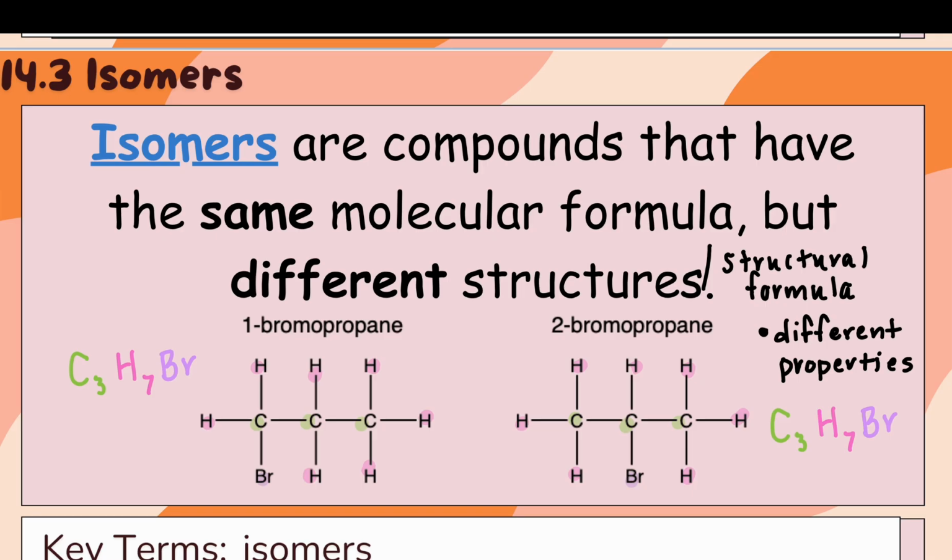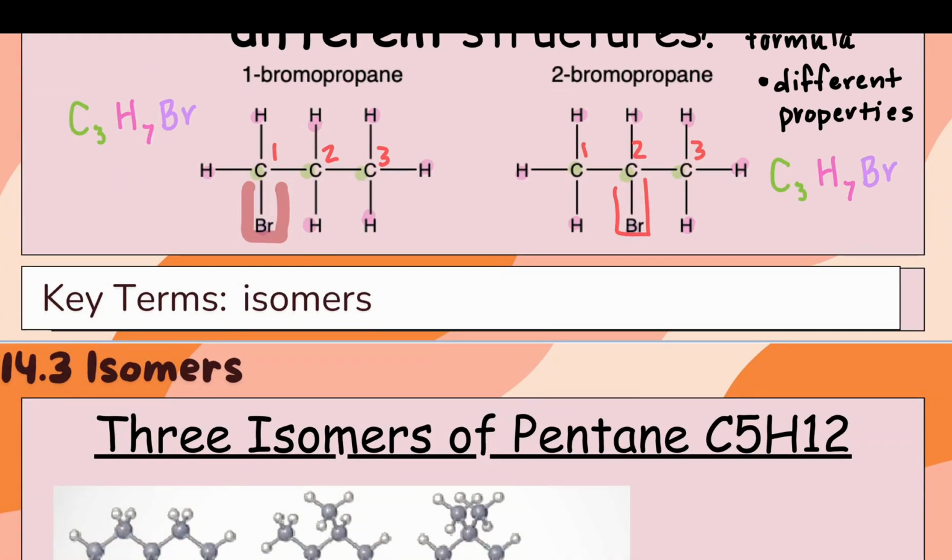For 1 bromopropane, the bromine is on the first carbon in the parent chain, whereas for the 2 bromopropane, the bromine is on the second carbon of the parent chain. So they are different structurally, or they have different structural formulas.